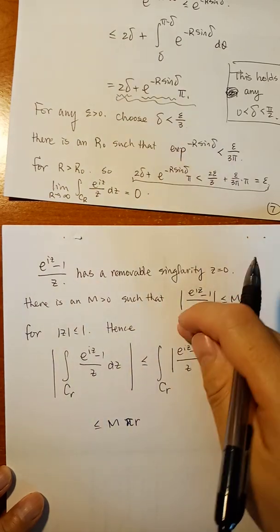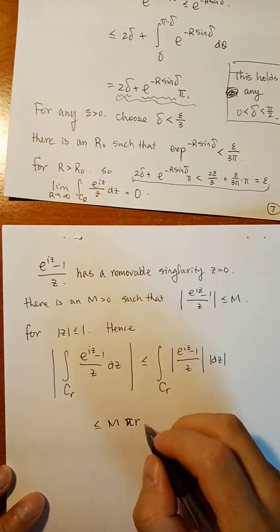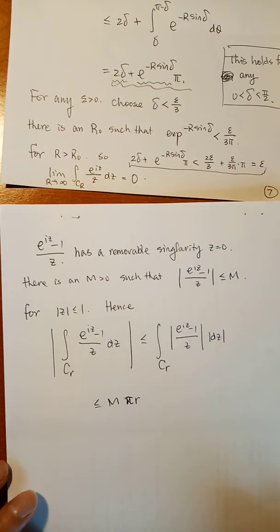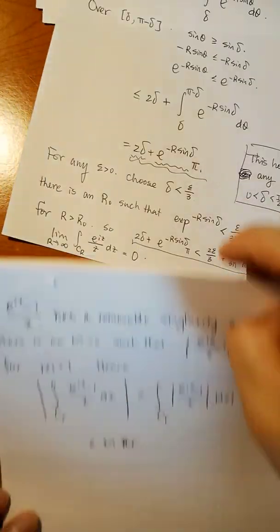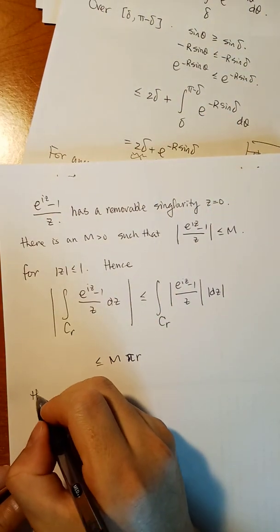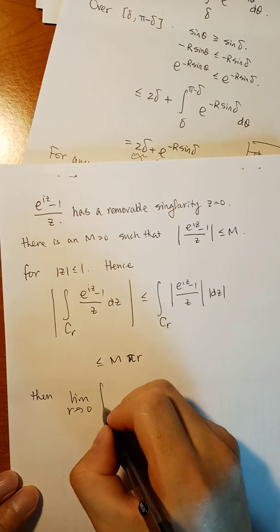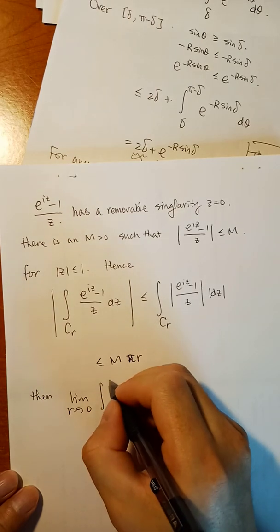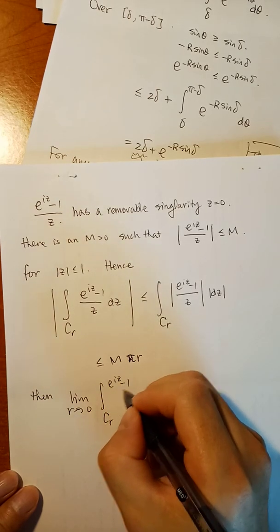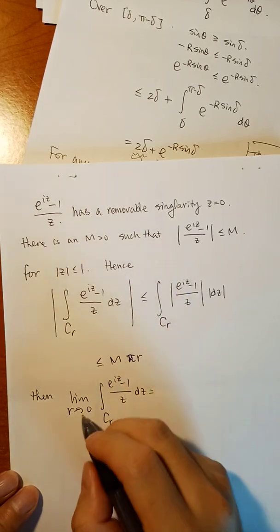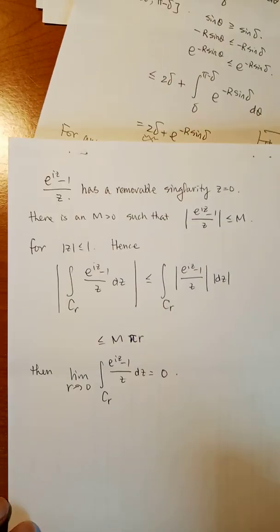So it's M pi r. Then if we take the limit as r approaches 0, this integral is controlled by r and the integral is 0.